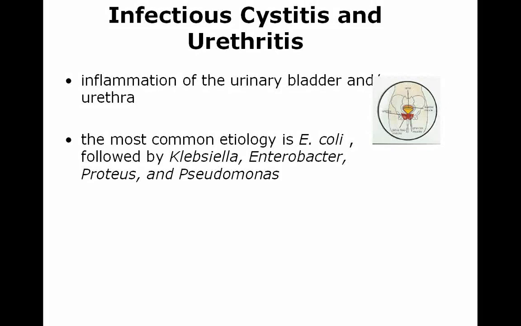And certainly any of the sexually transmitted organisms are likely also to cause cystitis and urethritis. There's also viruses that can cause inflammation of the bladder and the urethra. A person can also develop this inflammation because of medications that they take or radiation therapy.